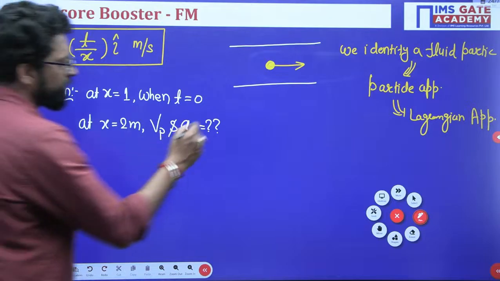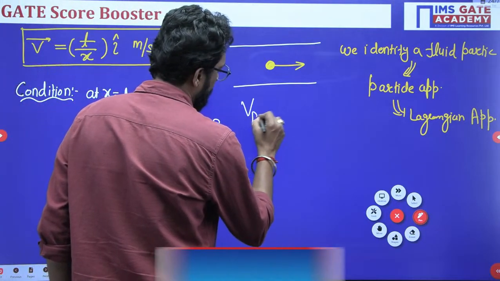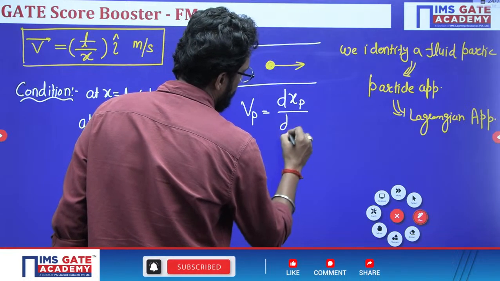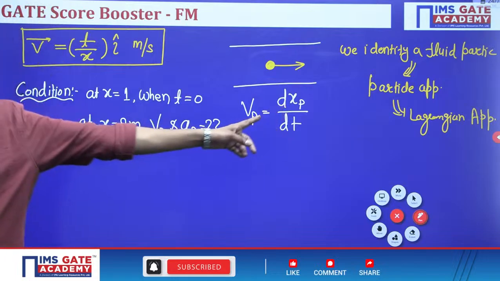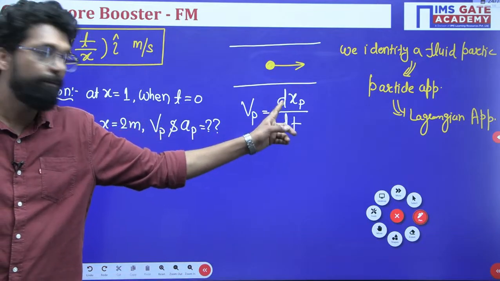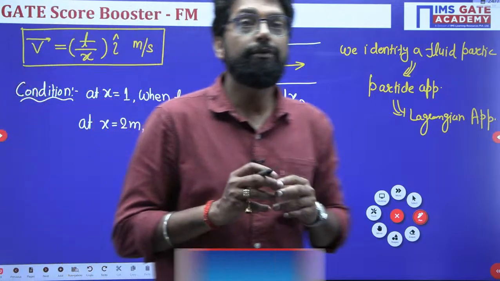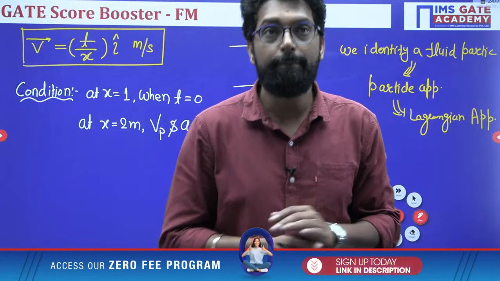So what is the velocity of this particle? dx of the particle by dt. This is your ordinary differentiation. Now beta, there is one thing to always keep in mind. If there is a field, we have to use the partial derivative.